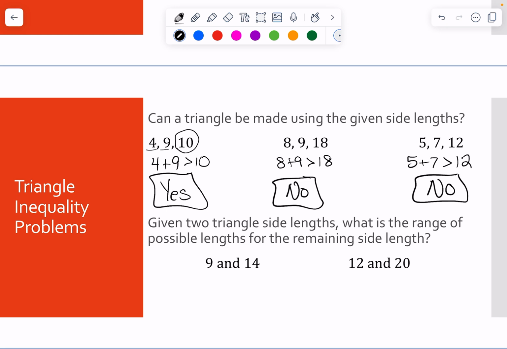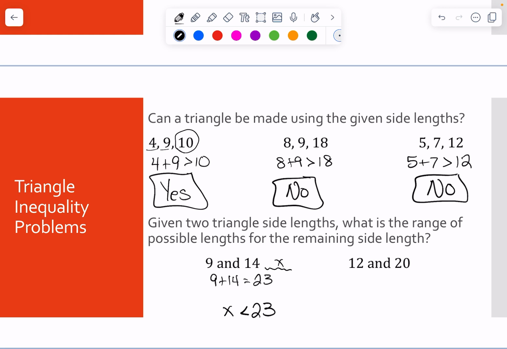Okay. Now on this last part, it says, given two triangle side lengths, what's the range of possible lengths for the remaining side? Okay, so the first one, let's assume that the third side is the biggest side, and we haven't gotten to it yet. So if that's the case, if I take 9 plus 14, that is 23. So by the triangle inequality theorem, we know that 23 has to be bigger than x.